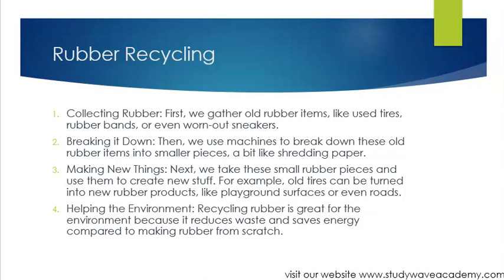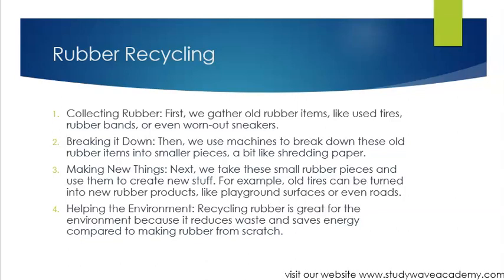Then we talked about the properties of rubber. We mentioned them, right? Rubber is known for being bouncy, flexible. If you press it or stretch it, it will go back to its original shape. We talked about all that, right? Then we looked at rubber recycling, a process of reusing rubber products to reduce waste and environmental impact, right?